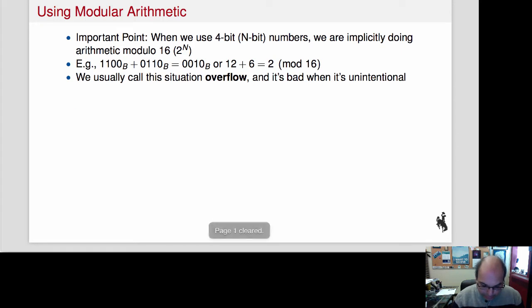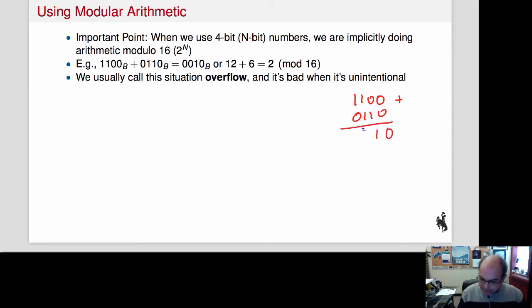Okay, so here's the connection. When we restrict ourselves to just 4-bit numbers, we're actually implicitly doing arithmetic modulo 16, which happens to be 2 to the 4, okay? If you're doing n-bit numbers, then it's modulo 2 to the n. Now, why is that? Well, let's look at this. We have 1, 1, 0, 0, and let's say that we add 0, 1, 1, 0. So we go through our algorithm. 0 plus 0 is 0, 0 plus 1 is 1, 1 plus 1 is 0, carry 1, 1 plus 1 is 0, carry 1, okay?